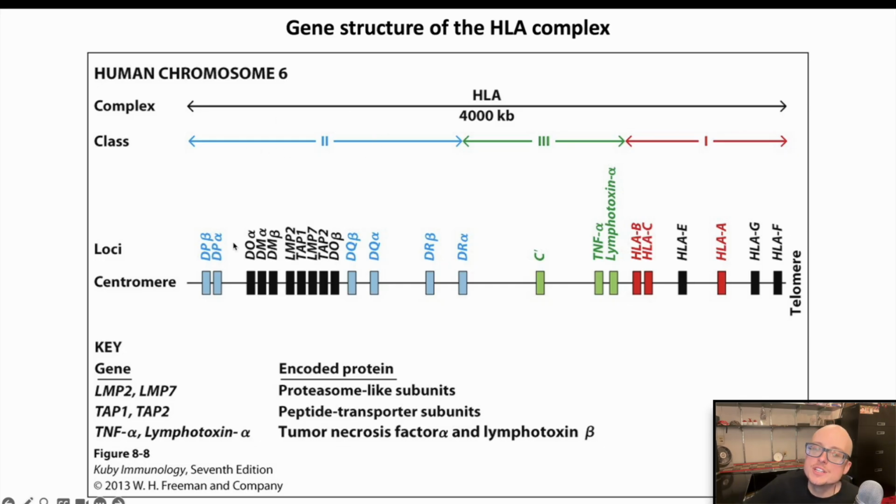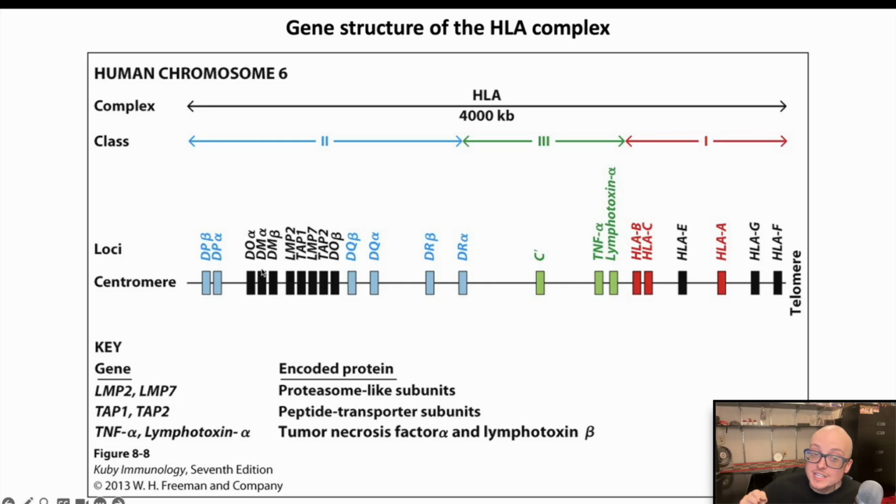Within the class 2 region, you can see highlighted in blue what we would call the classical class 2 MHC genes. Again, those isotypes DP, DQ, and DR. They are called classical because they are the peptide presenting MHC class 2 genes. They're the important ones that we've discussed to this point in the course. But notice there are some other genes shown here in black. We see DO and DM.